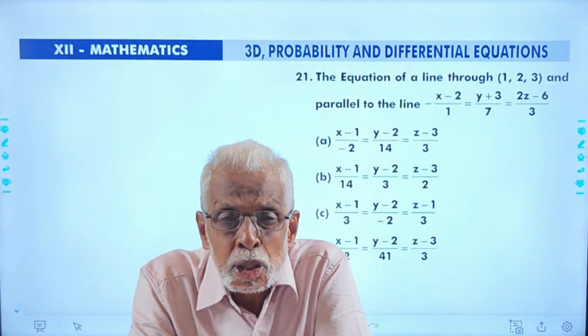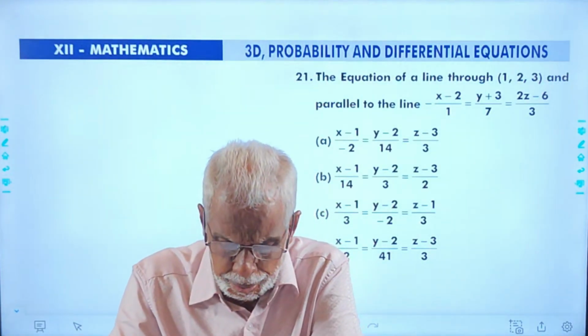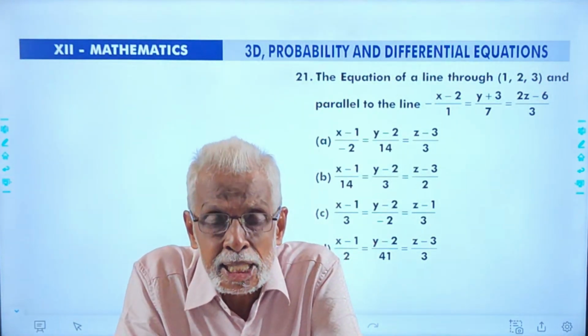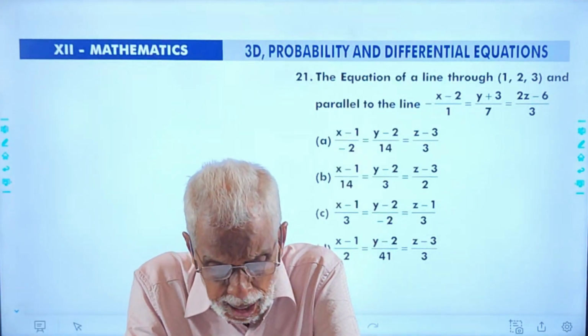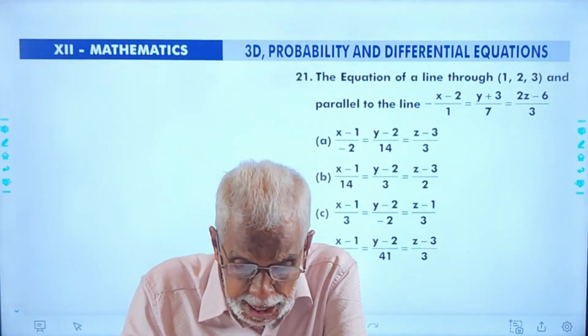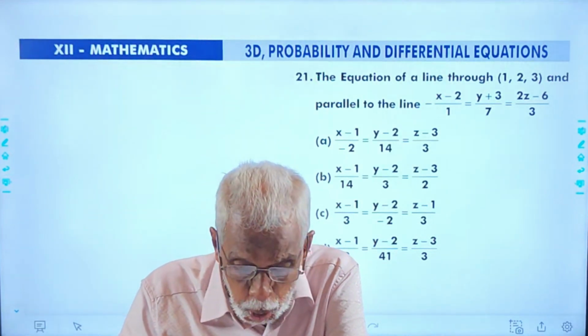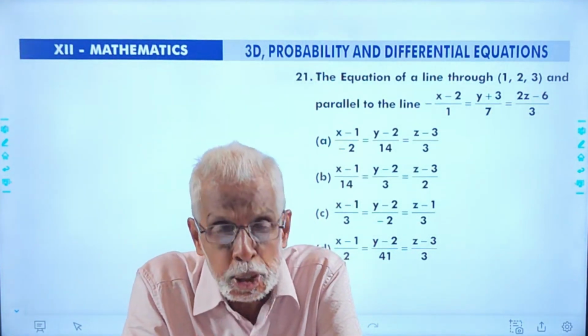The direction ratios of the line can be found by making the given equation into the standard form. The direction ratios of the given line are 2:14:3. Therefore, the correct choice is A.